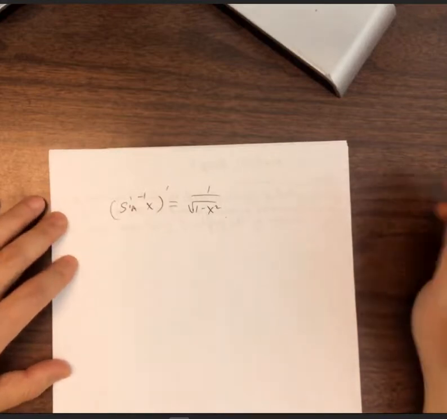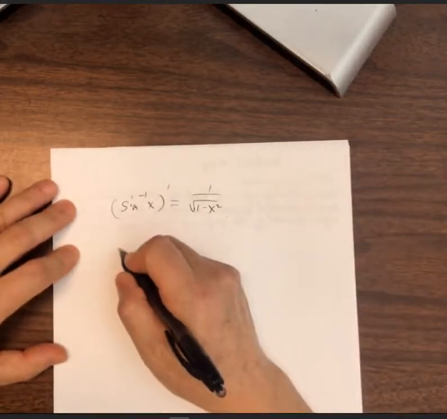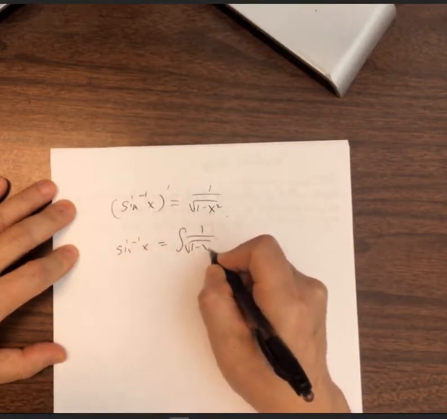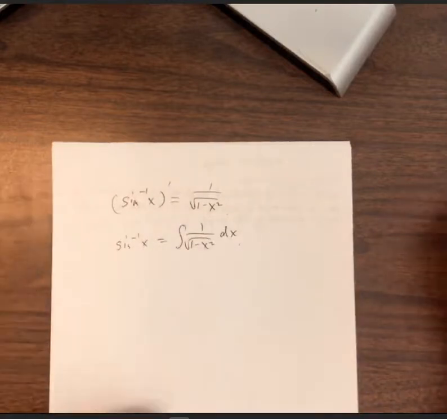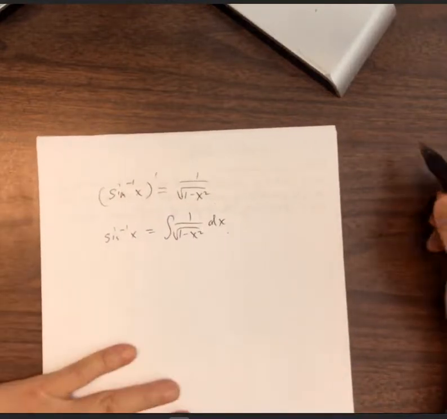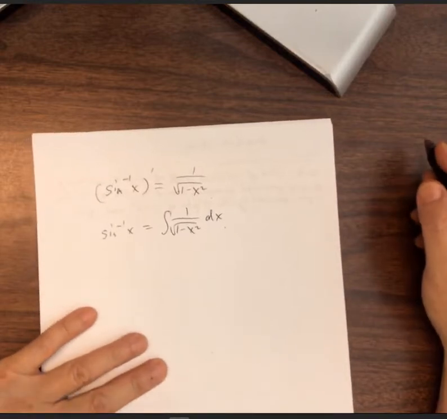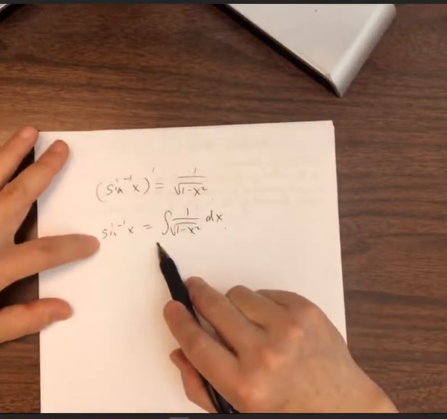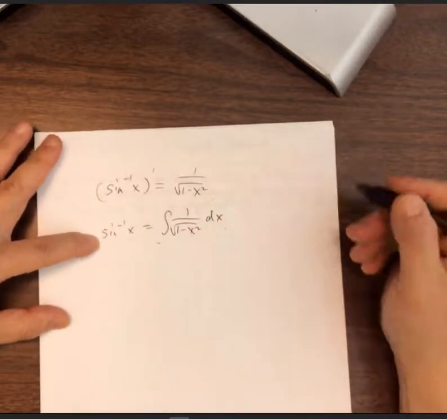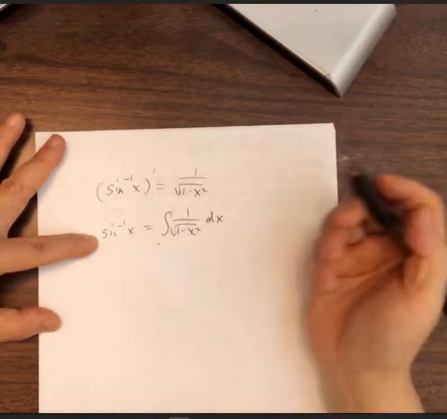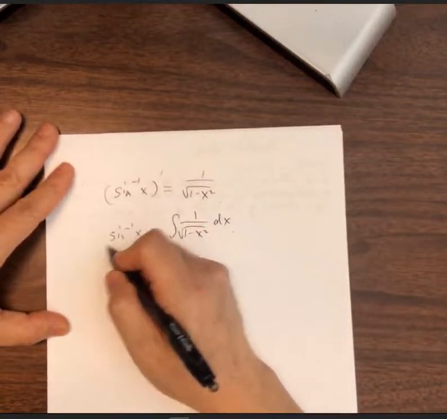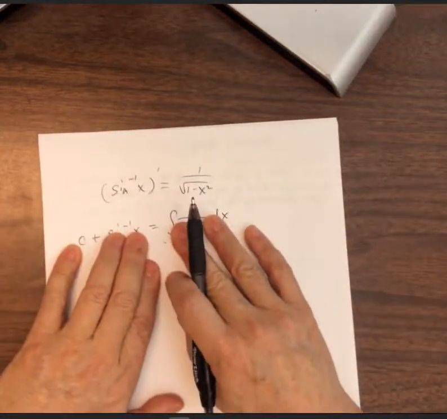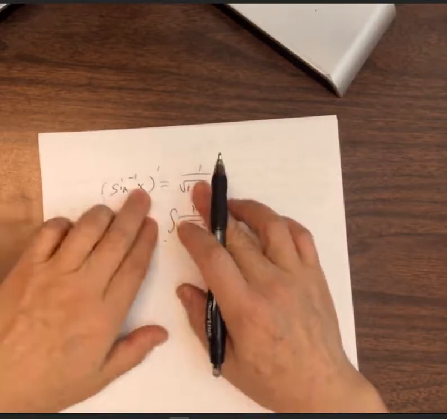Now, if we integrate both sides, we would have a related integration formula. This is always true. From any differentiation formula, we end up with a related integration formula called antiderivative. Now, antiderivative is not unique, so you could always have c here, because if you differentiate both sides, the c is gone. You get that, right?